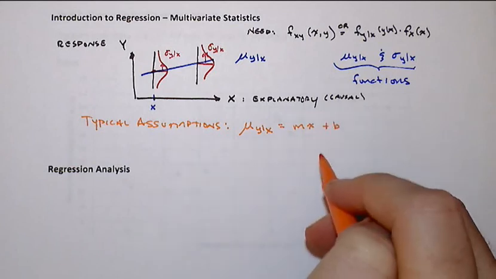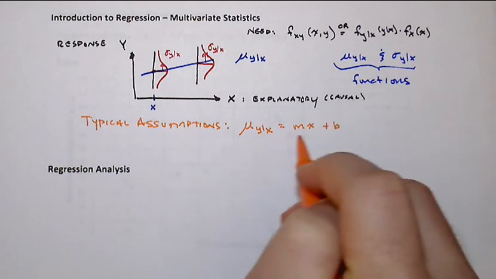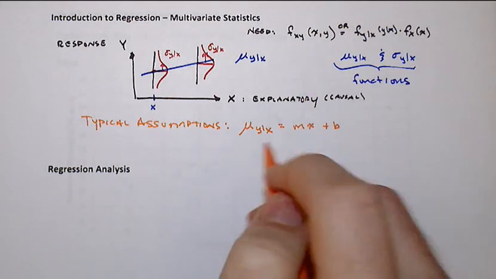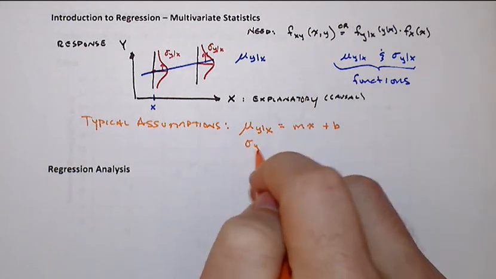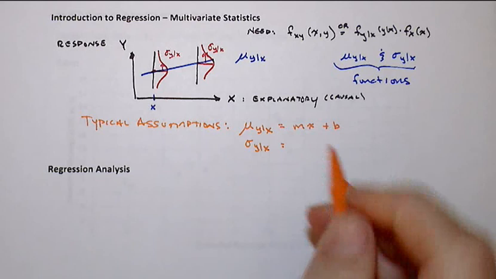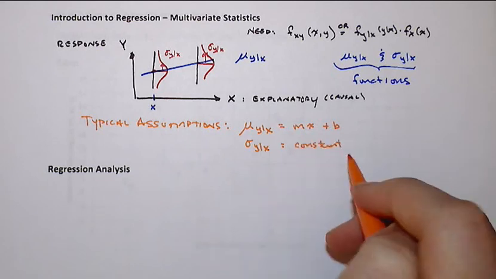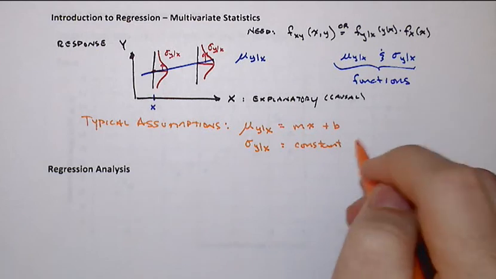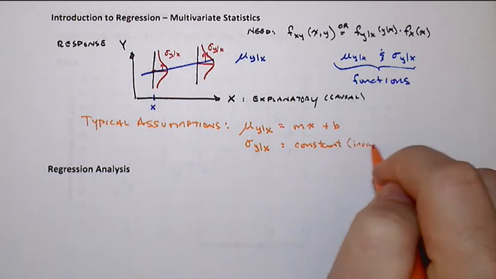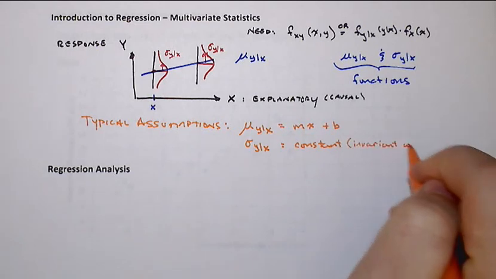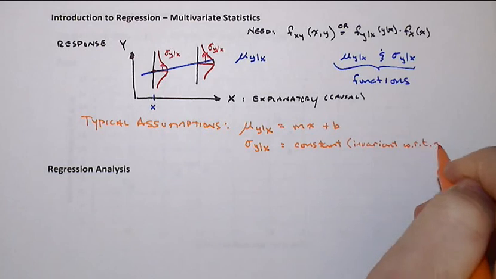All right, so this would make this linear regression if we're doing it this way, and then that we have a constant scatter about that, meaning that's invariant with respect to x.